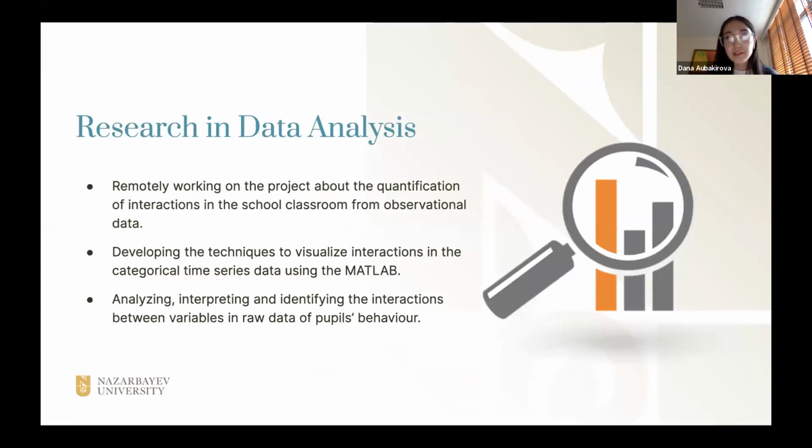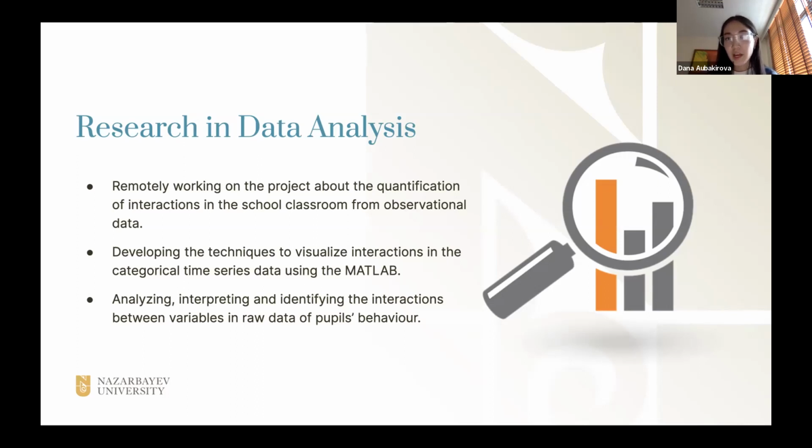So coming to my research internship experience, I was doing research in data analysis at Queen's University. I was remotely working on a project about the quantification of interactions in the school classroom. I was given some categorical data that consisted of time series, time, and some variables.